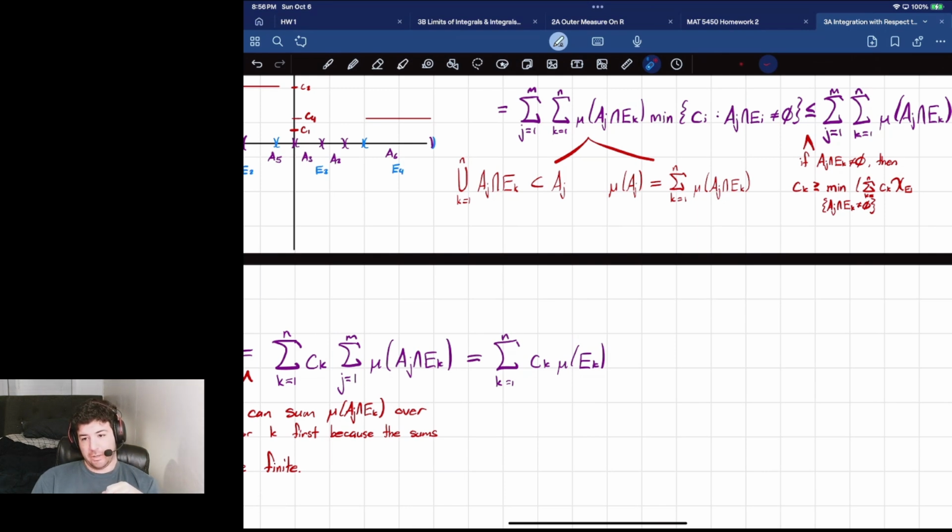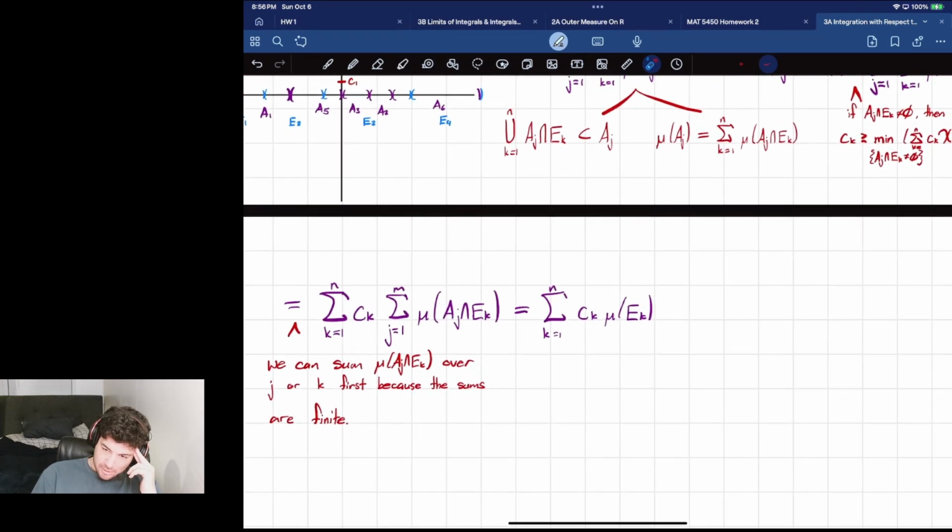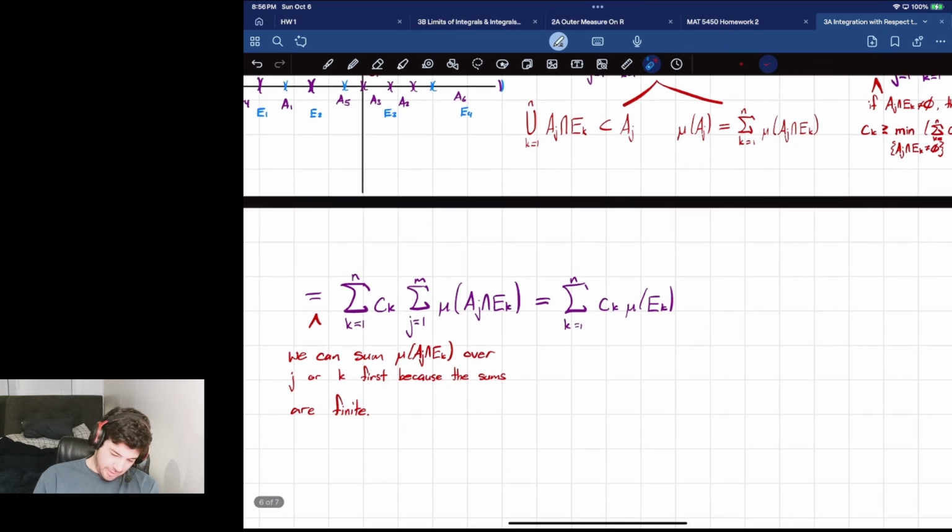Presumably the Ek are disjoint, and so the intersections are a partition of Aj. Yeah, they are definitely disjoint, and so the intersections are partitions of Aj. Okay, that makes sense.